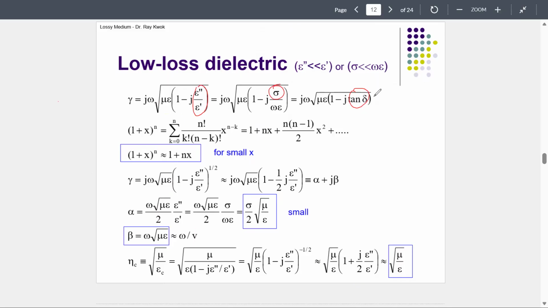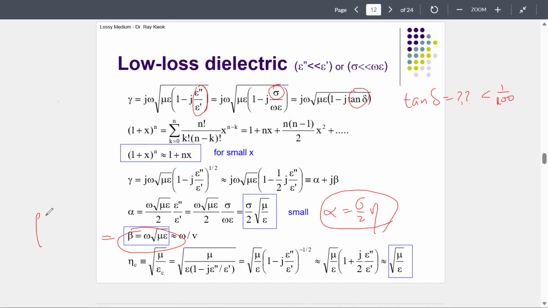The first step is to calculate the loss tangent and see whether this is less than 1 over 100 or the other limit, right? If it's less than 1 over 100, you know this is a low loss medium. Right away, you say alpha is equal to sigma over 2 times eta, and beta is the same. Beta is my k, which is omega over the velocity. Nothing changed. The only thing that is new is we have an alpha term, the attenuation term.